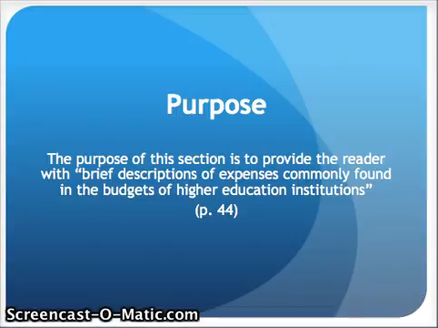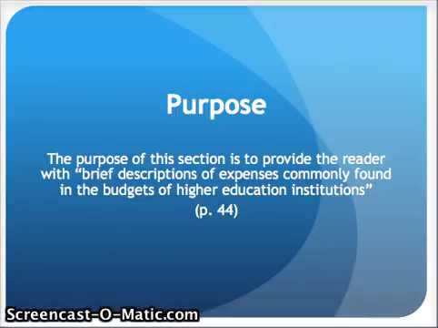Up until this point, and throughout the rest of the course, we've talked about public versus private institutions, the differences, the similarities, and in the revenues section, there are very significant differences in how public and private institutions bring in their revenues. But with expenditures, it's important to note that they are very similar. There's not as many differences.